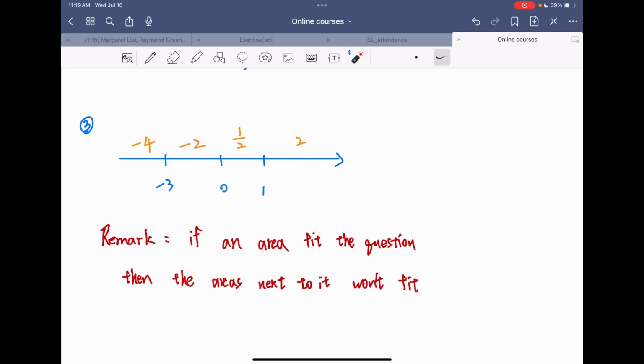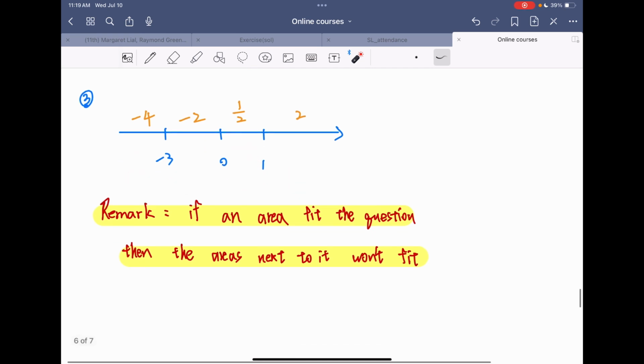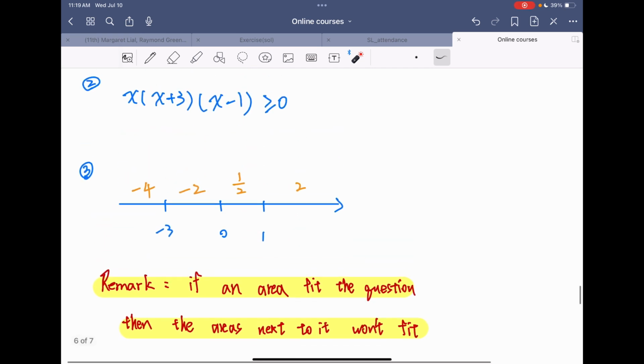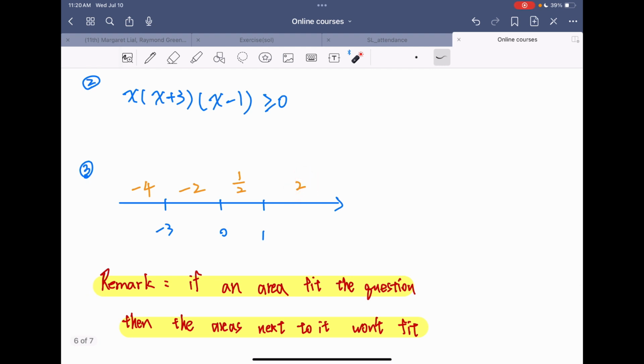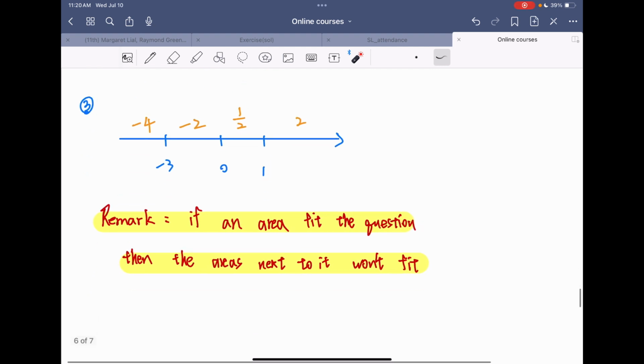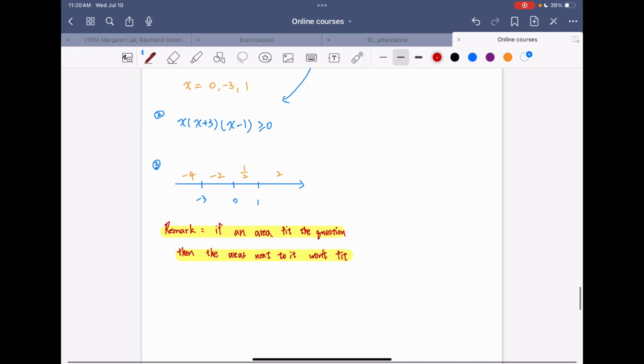Okay, keep this in mind because this can help to reduce your calculation, which means we just need to verify one place, and then we can tell, okay, is this fit, not fit, fit, not fit. So we're going to choose the easiest part, which is a positive number here, and then we're going to rewrite the question here.